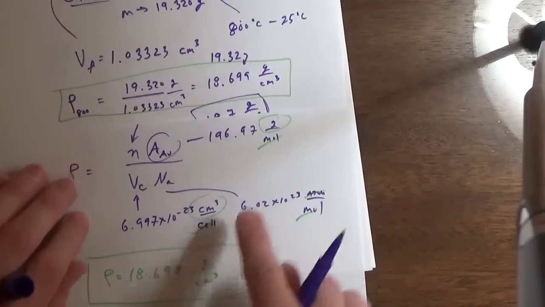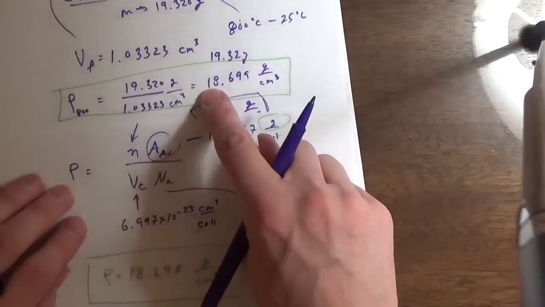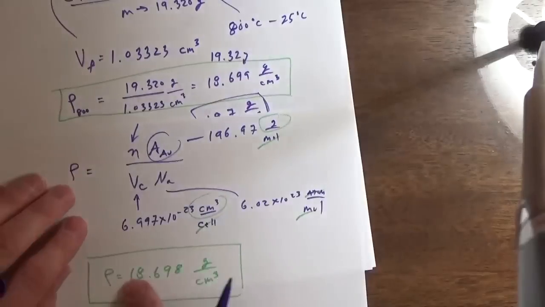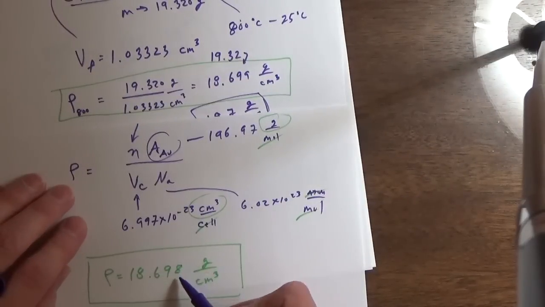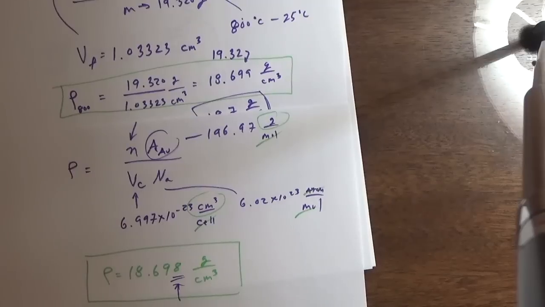And then if on top of that we add vacancies, it changes from 18.699 to 18.698. The difference is out in the third decimal place, which means that the vacancies are relatively a small contributor.